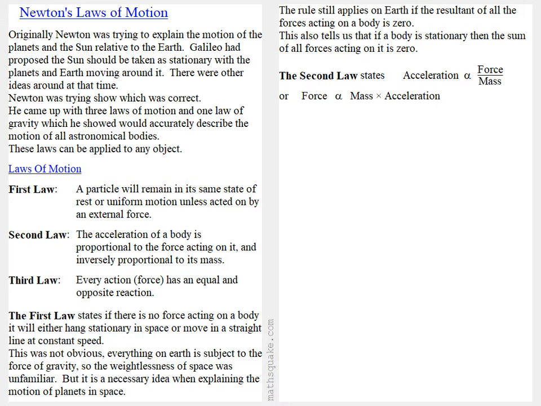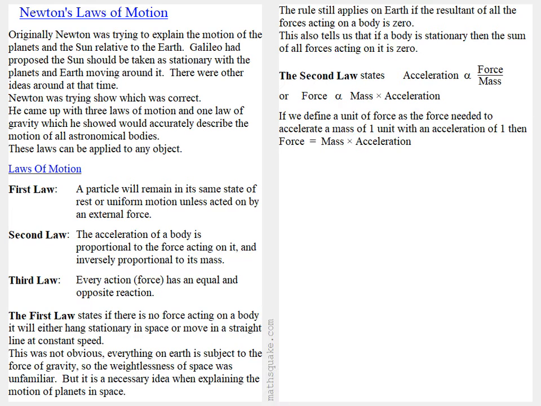Now, we can rearrange that as the force is proportional to the mass times the acceleration of a body. And if we define a unit of force as the force needed to accelerate a mass of 1 unit with an acceleration of 1, then the force is equal to the mass times the acceleration.